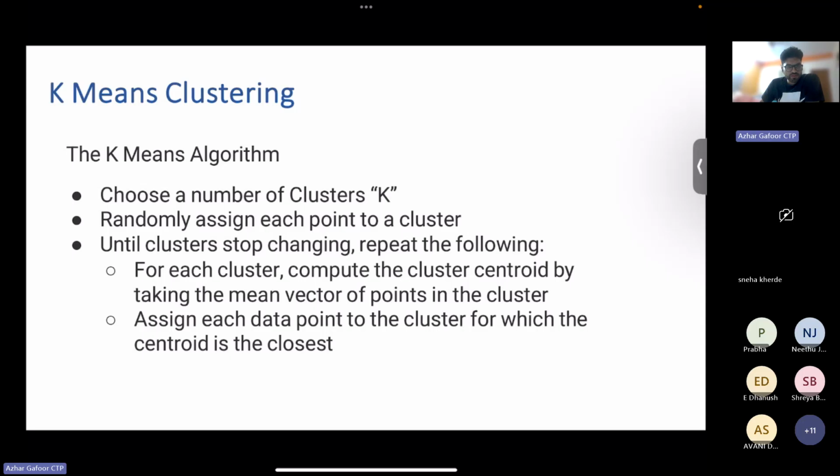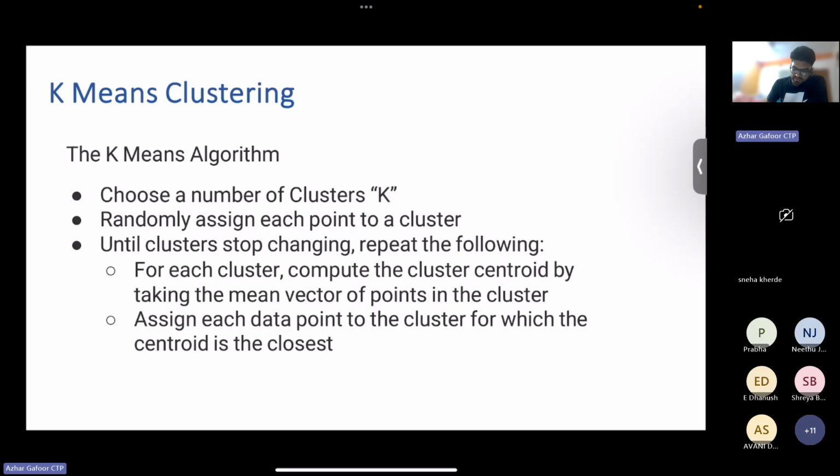Then we initialize. If you have chosen 5, we will randomly pick these 5 points, or k points, as initial cluster centers. Then, until the clusters stop changing, we repeat these 2 steps: for each cluster, compute the cluster centroid by taking the mean vector of the points in the cluster.